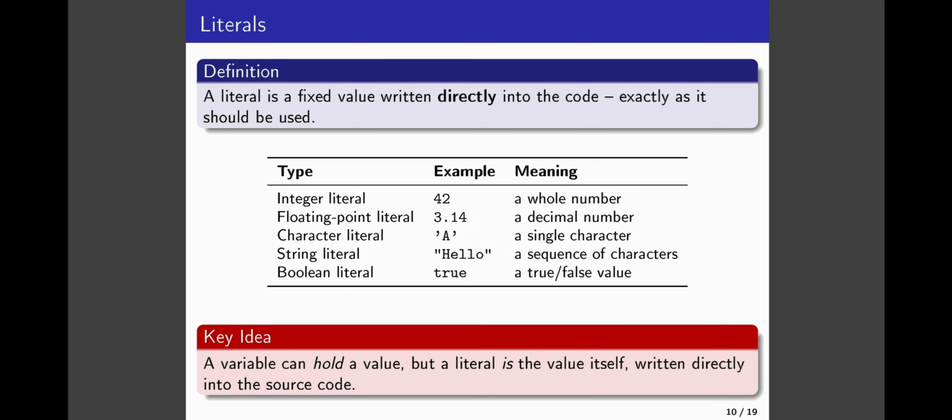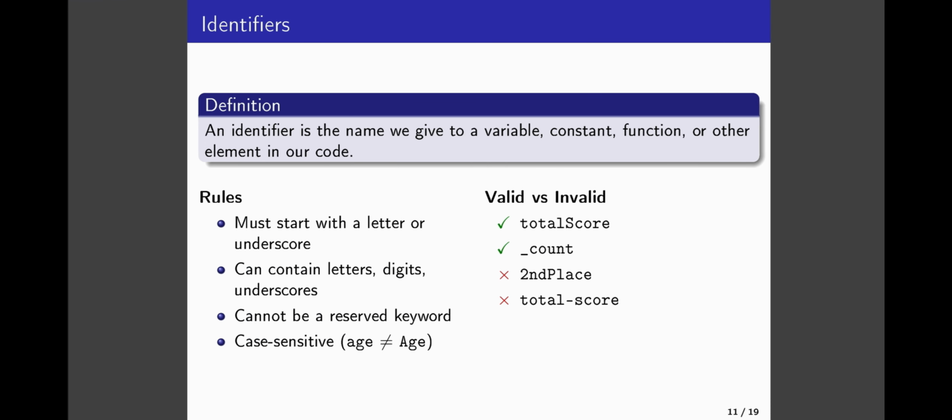A string literal like "hello" in double quotes is a sequence of characters. And a Boolean literal like true or false is a Boolean literal as well. To really understand the difference: a variable can hold a value, but a literal is the value itself written directly into the source code. Hope you understood the difference.